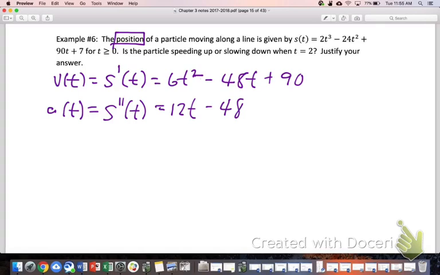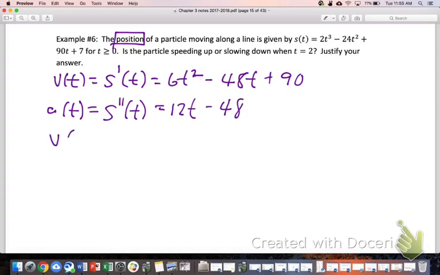You find your velocity function, you find your acceleration function, and now, of course, that's at any time. I don't really care about any time. I care about what's happening when t equals 2. So what I want to do now is take my t equals 2 and plug that in, and then I can make my analysis or come to a conclusion.